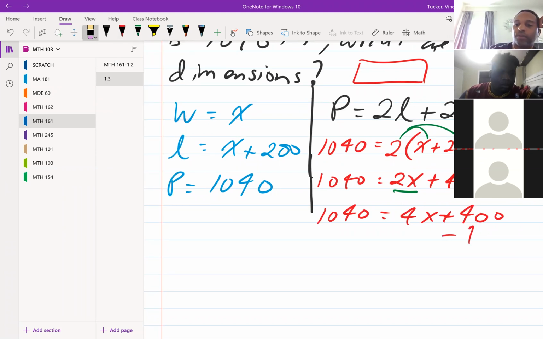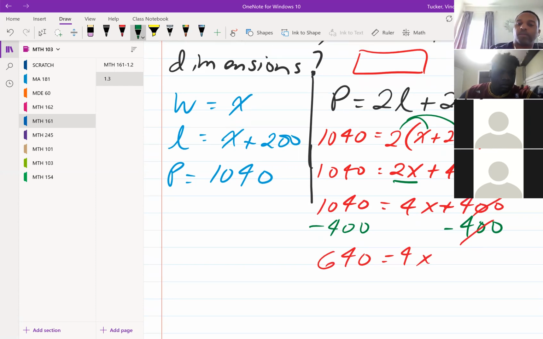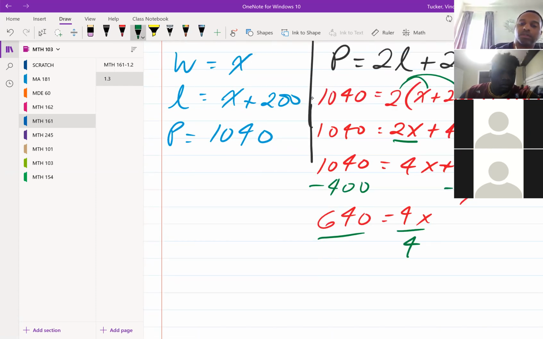Subtract 400 from both sides. That'd be 640 equal to 4x. Divide by 4. X is equal to 160.